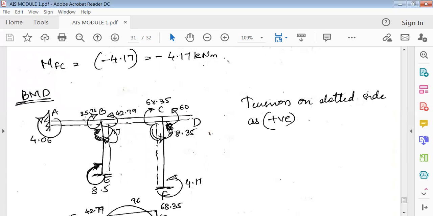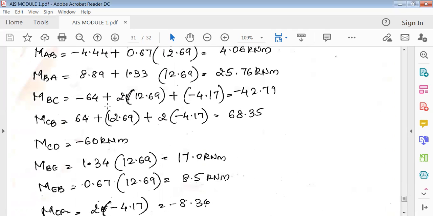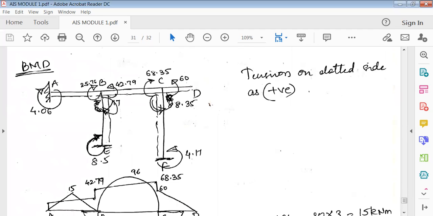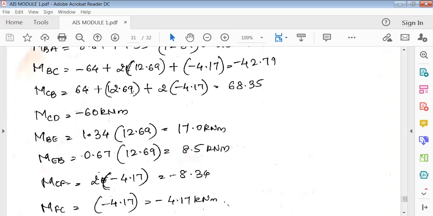So it is again plus 25, clockwise. Then MBC is anti-clockwise. You can see here MBC is anti-clockwise. So in the BC span, show at B here for minus. So it is 42. And MCB is again plus 68.35. Next, MBE is how much?